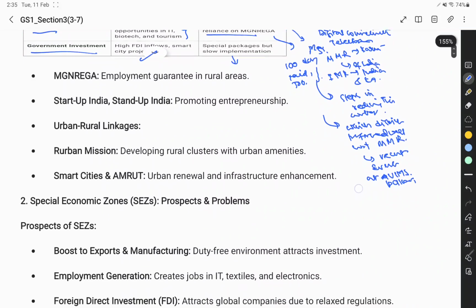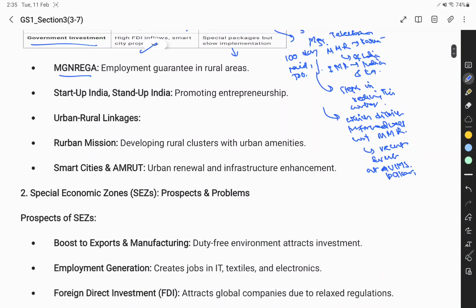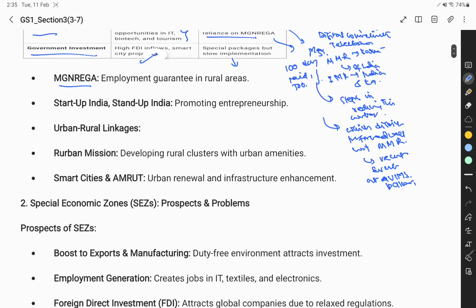On the other hand, special packages but slow implementation is the condition in the backward regions. Then we have employment guarantee schemes in the rural areas. The Mahatma Gandhi National Rural Employment Guarantee Act gives 100 days of paid work during non-seasons, to at least one person from a family.